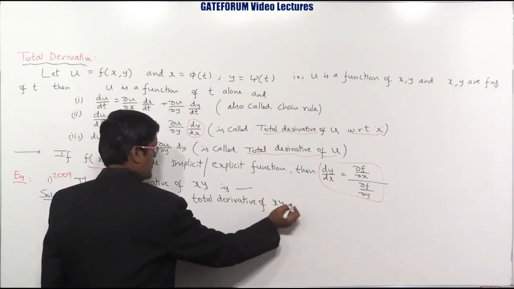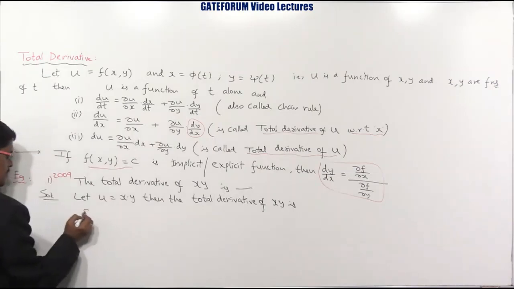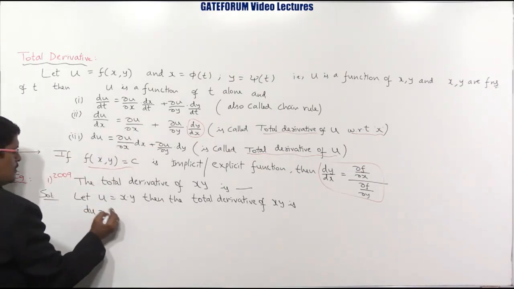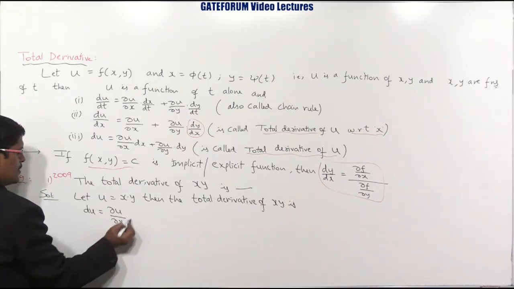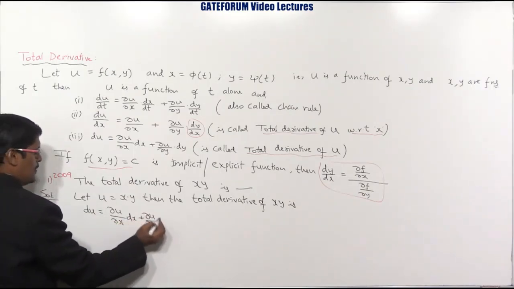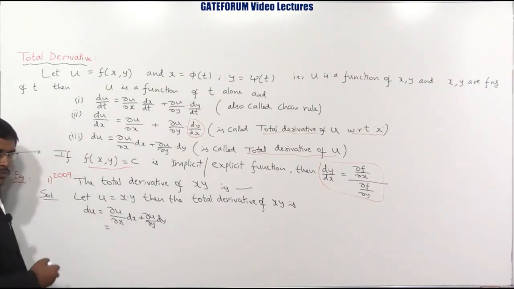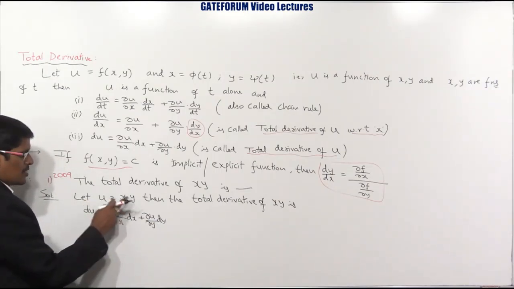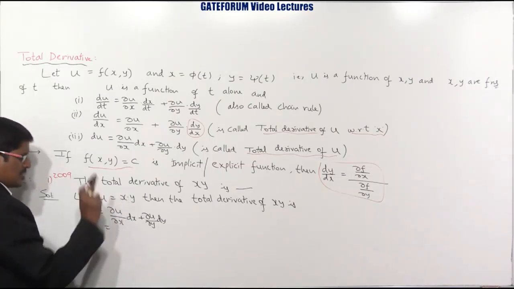of xy is nothing but du. That du is the above third result. Dou u by dou x into dx plus dou u by dou y into dy is equal to, what is the partial derivative of u with respect to x? That means y constant, y into x variable, derivative of x with respect to x is 1.